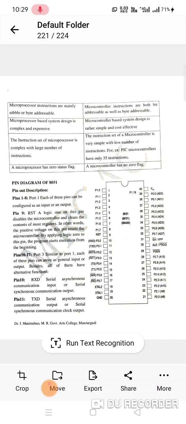Pin number 29 is for PSEN bar. We will see later on what the full form of PSEN bar is.